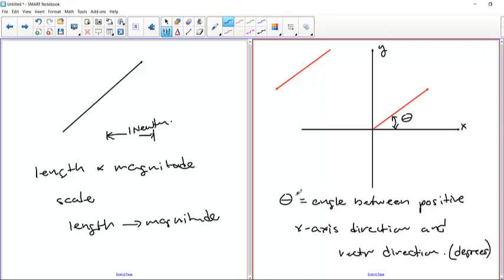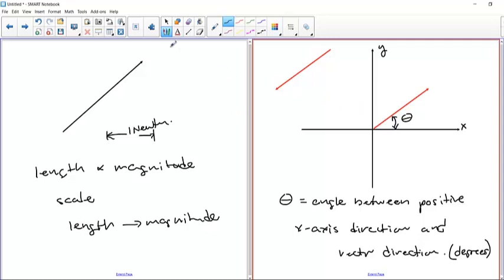Now, when we get to rotational motion, we'll make theta into radians. But when it comes to two-dimensional motion in Chapter 3, which is projectile motion, we show the angle in degrees. So for right now, just think of angle in degrees.